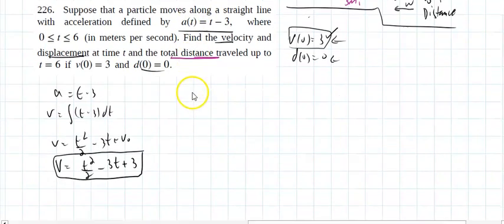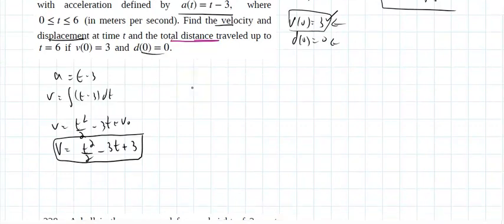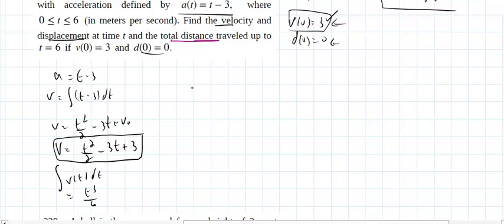Now to find the distance equation or displacement equation, I integrate velocity. If I take the integral of velocity, that's simply t cubed over 6, that's the position, minus 3t squared over 2 plus 3t plus the initial height, which is 0 in this case. So pretty much that is my position.